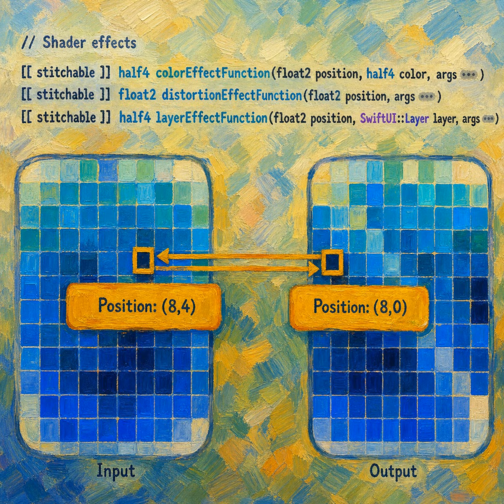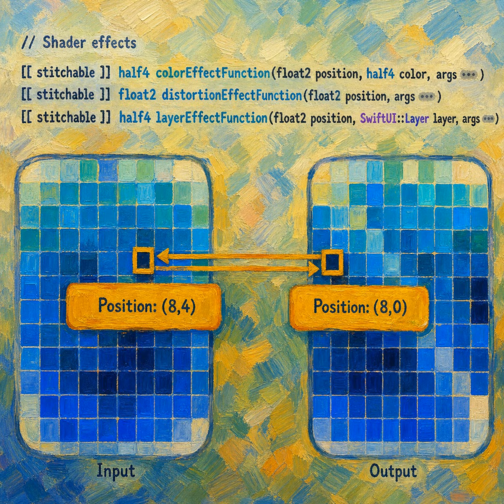SwiftUI gives you three main shader effect APIs: color effect, distortion effect, and layer effect. They sound similar at first, but they do different jobs, and they take different kinds of inputs. Color effect is for changing the color of pixels. Distortion effect is for moving pixels around geometrically, which makes it a natural first stop when you want some kind of positional shift.